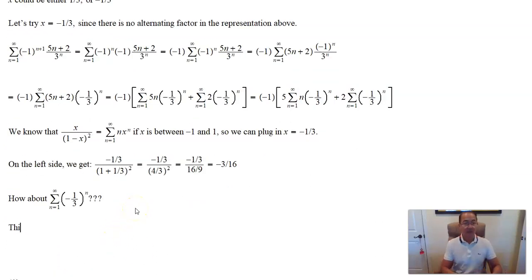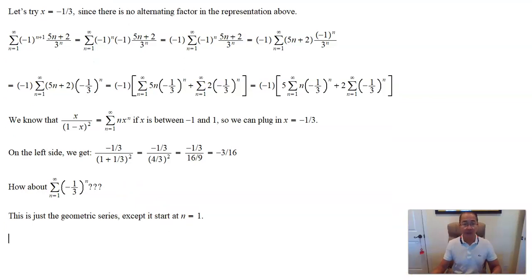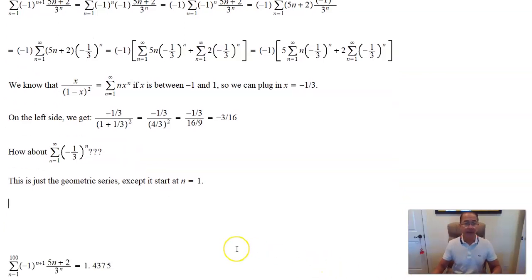So this is just the geometric series, except it starts at n equals 1. Okay? So to make it start at 0, we can do it in two ways. We can factor out a 1/3, a minus 1/3 rather, and then the rest will start at 0.